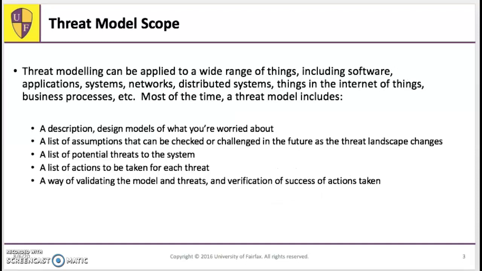When we look at threat monitoring and the scope of it, it does a lot of different things. Threat monitoring can be applied to a wide range, including software, applications, systems, networks, distribution systems, Internet of Things, business processes. The list goes on. In addition to that, you're looking to describe the model that works best for your company.